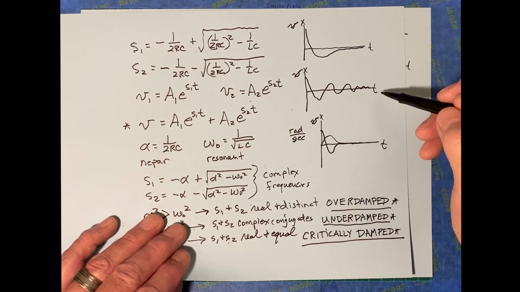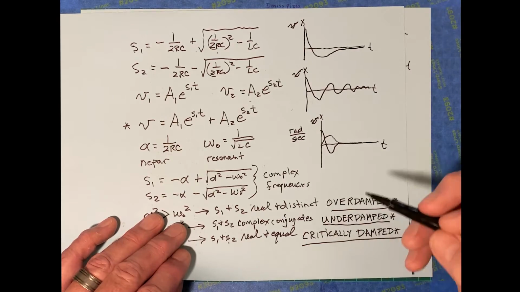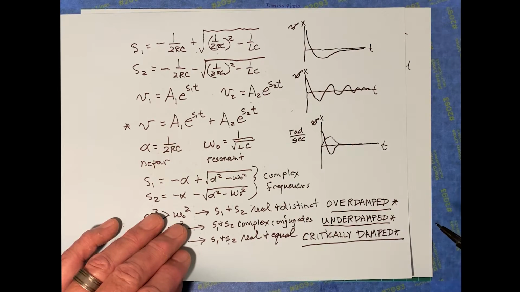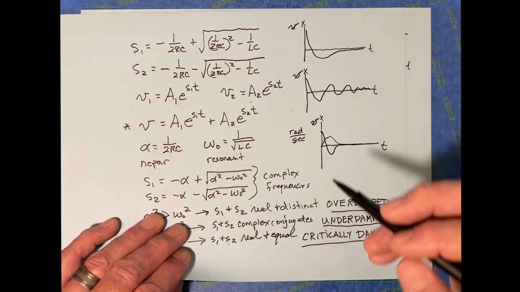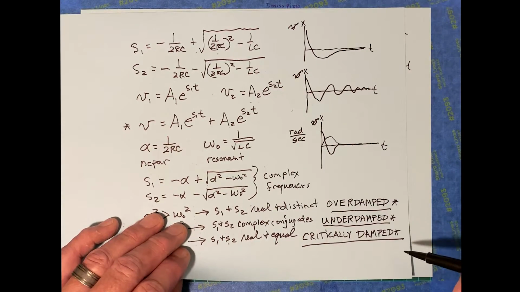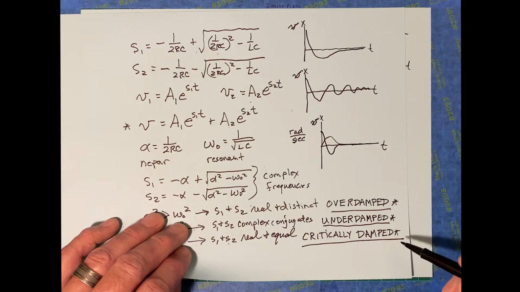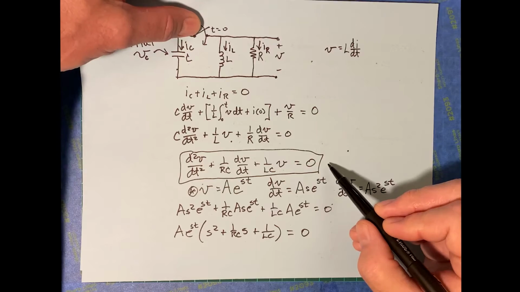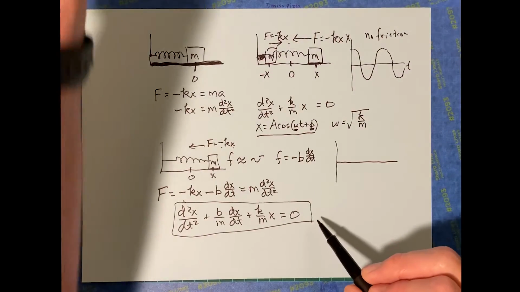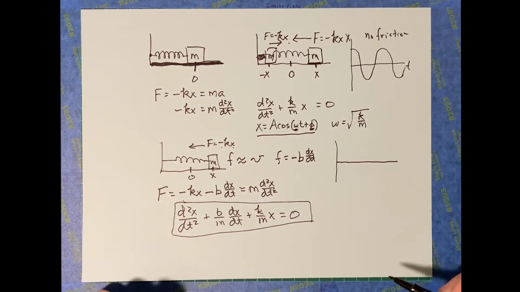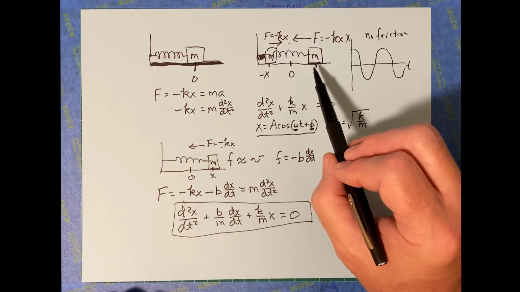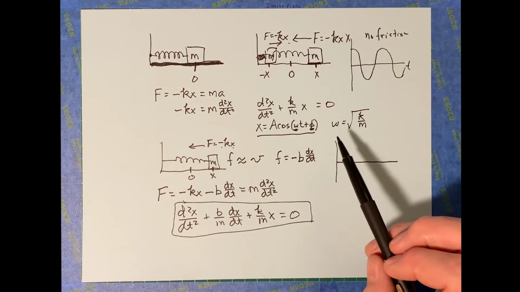Okay? So you can see maybe that gives it some physical significance here for our parallel RLC circuit, that we're going to have very, very similar situations. We're going to have not just 1, 2, we're going to have 3 potential solutions for our second order differential equation here. And I just wanted to show you that there are parallels between a real-life physical oscillating system and our parallel RLC.